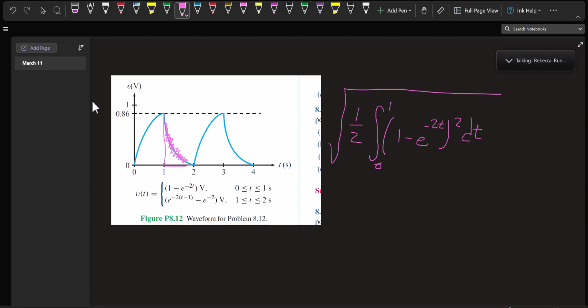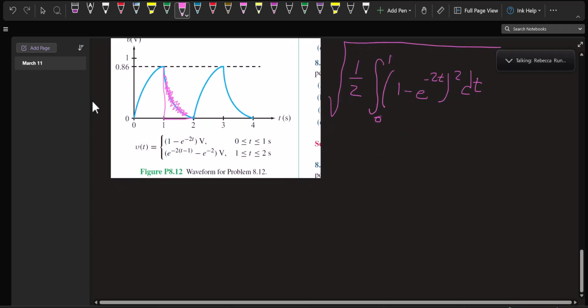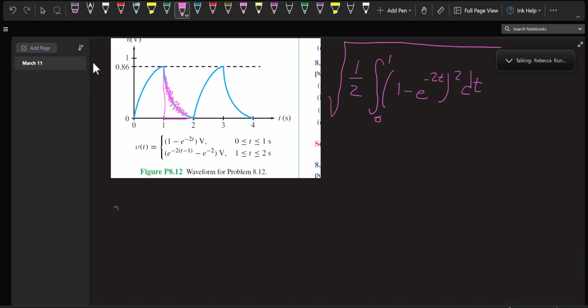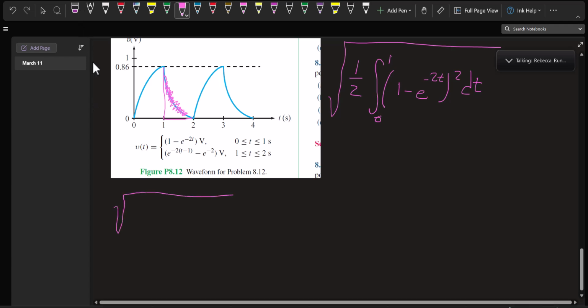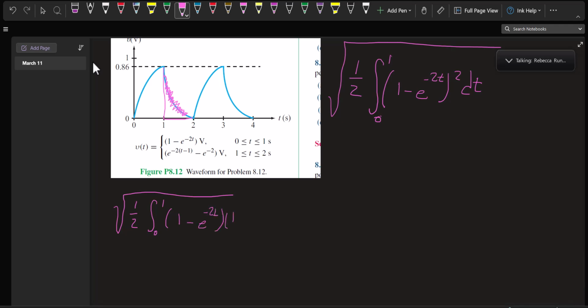And then to do that, if I had to show my work, I would do the square root of 1/2 times the integral from 0 to 1 of (1 minus e to the minus 2t)(1 minus e to the minus 2t) dt.